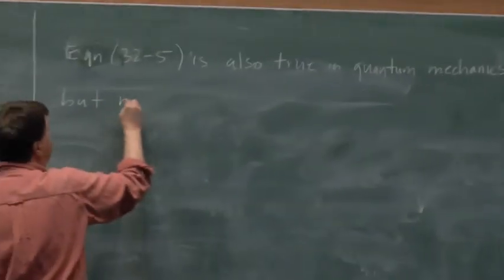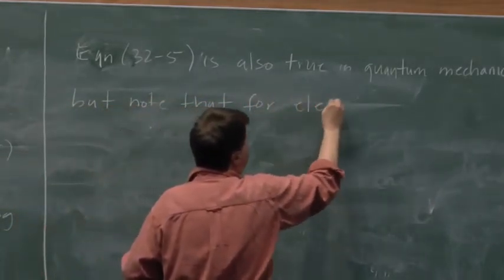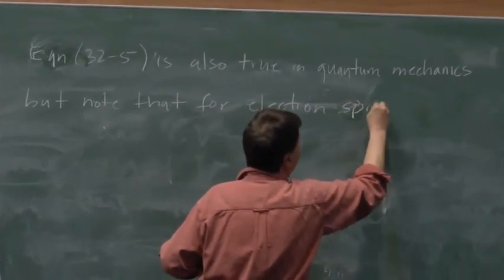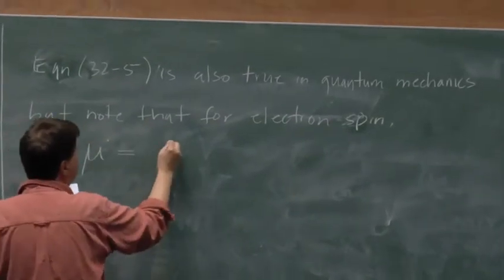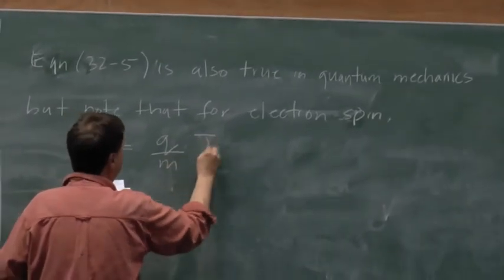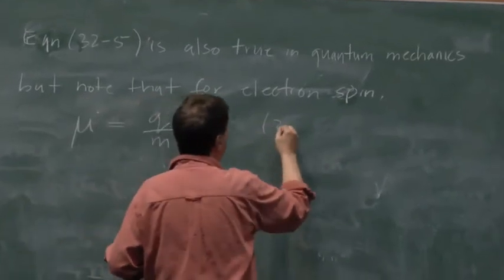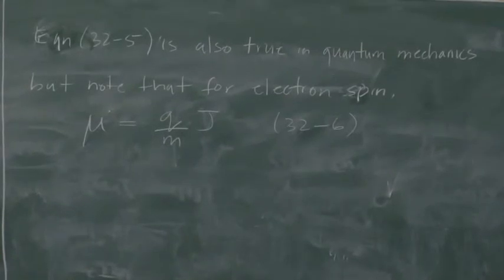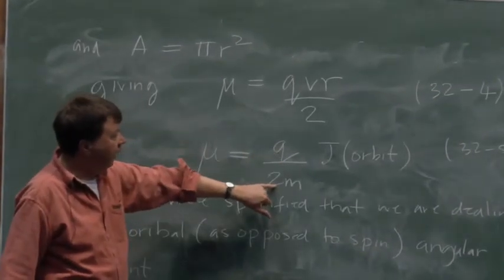But note, important point, for electron spin, for which there is really no classical analogy at all, mu is equal to the charge over the mass times J. So, if you like, this is what we would get just for a charge that's going round in a circuit, and we've got Q over 2m here.